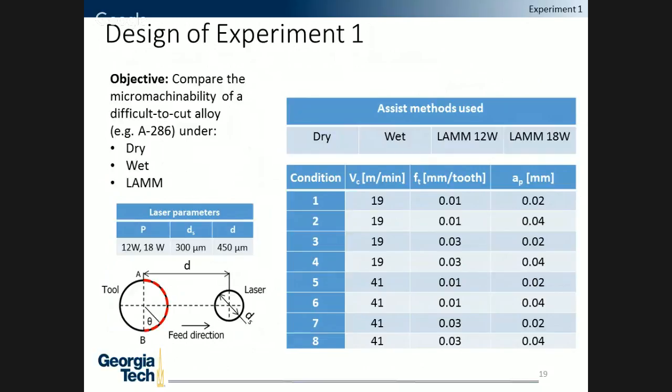And these four assist methods were tested over 8 different machining conditions, which vary the cutting speed, the feed, and the depth of cut. And these parameters were chosen based off what was found in the literature review in micromachining of high nickel content alloys.